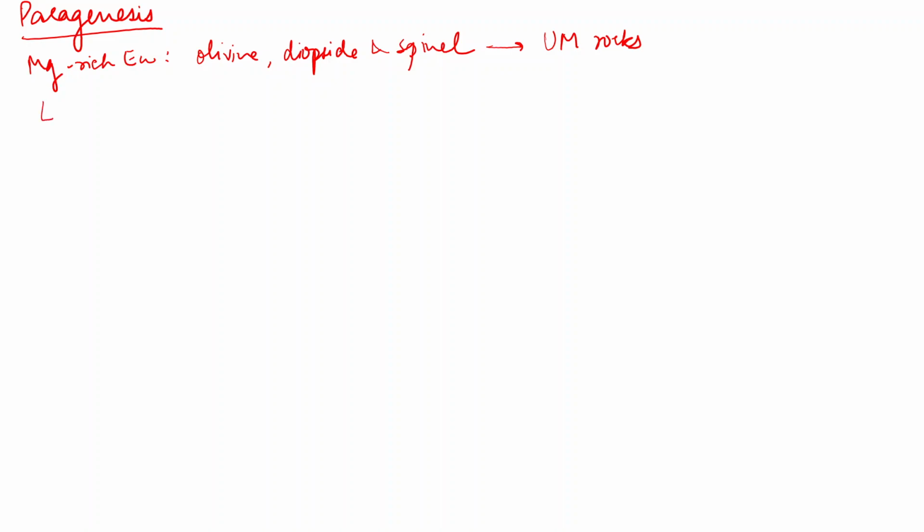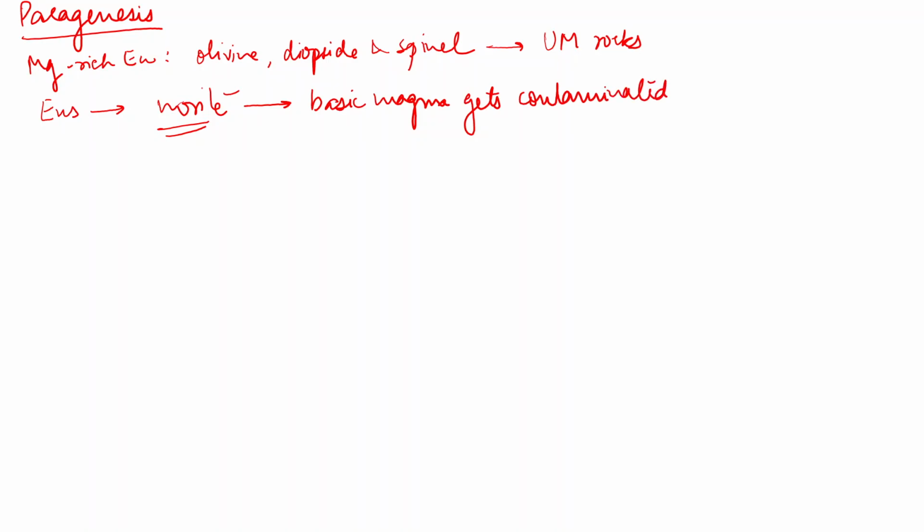Now, enstatite is an important constituent of norite also, in which its formation is due to crystallization in basic magma contaminated by argillaceous material. So in norite rocks, enstatite is formed because here basic magma gets contaminated by argillaceous material.